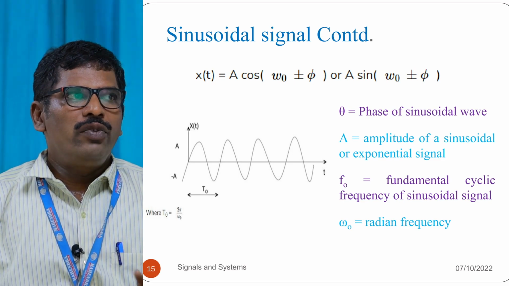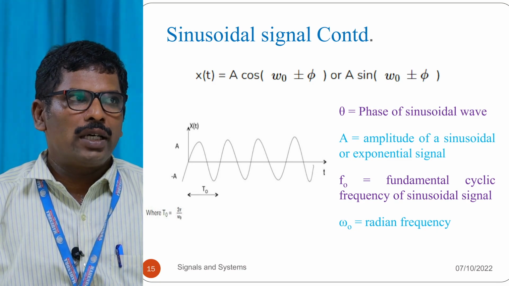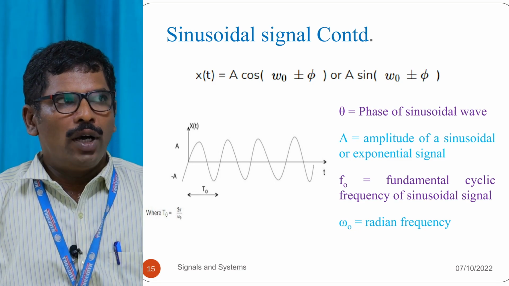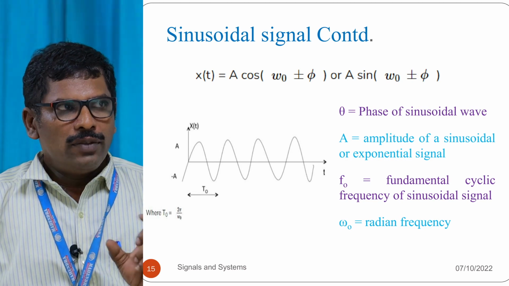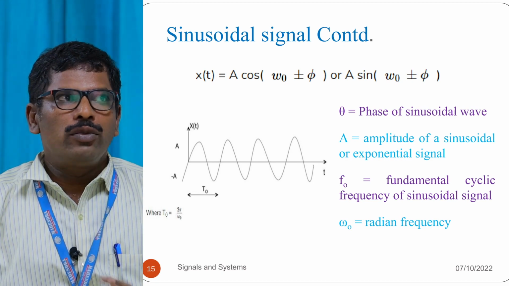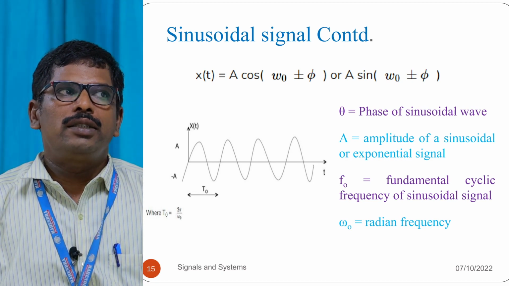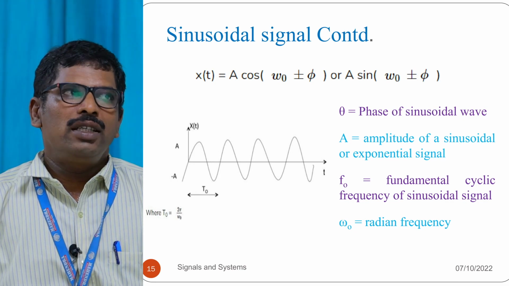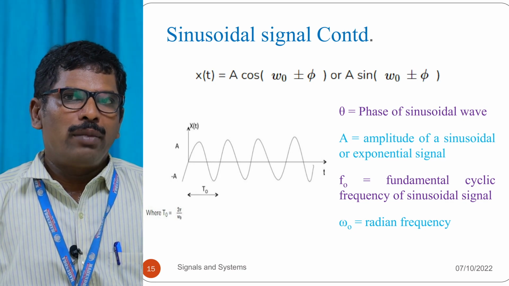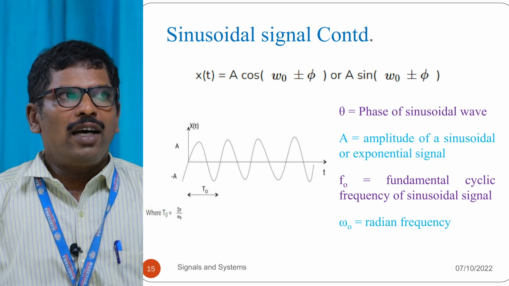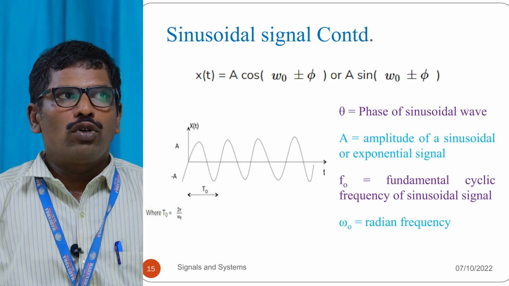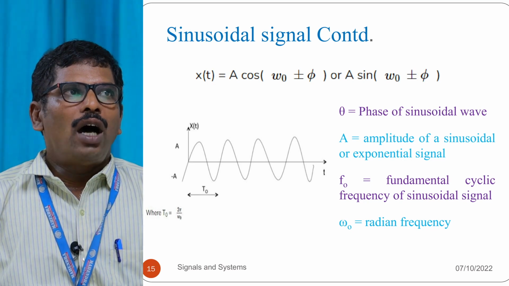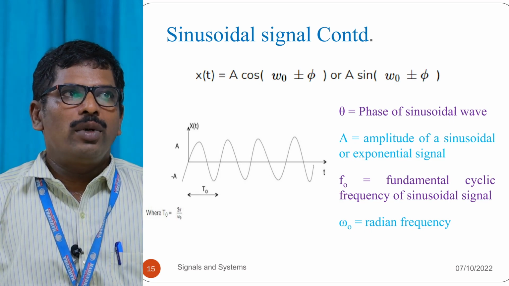Here the width of the signal, marked as T naught in the graph, is uniform, and that is the cycle. If the T naught value is always the same with the amplitude, then we call that signal a periodic signal. The sine signal can be mathematically represented as x of t equals A cos(omega t plus phi) or A sin(omega naught t plus phi).